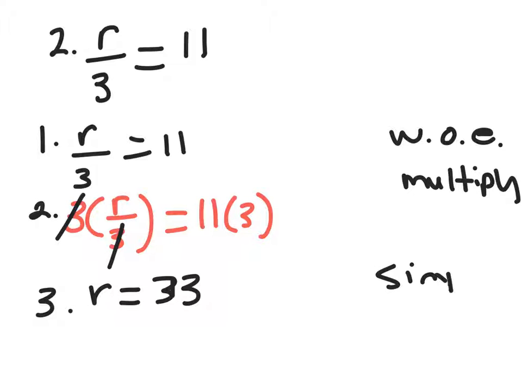When we simplify, and you can check, you can plug that back in. 33 for r, sorry, that was 3, and that does equal 33 divided by 3 does equal 11.